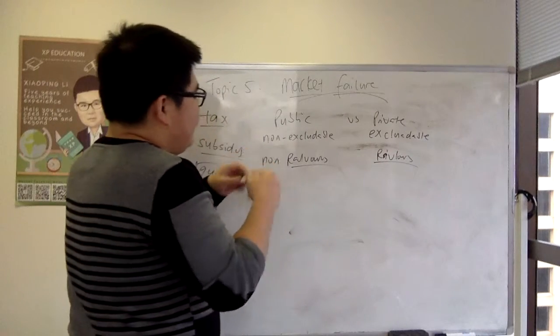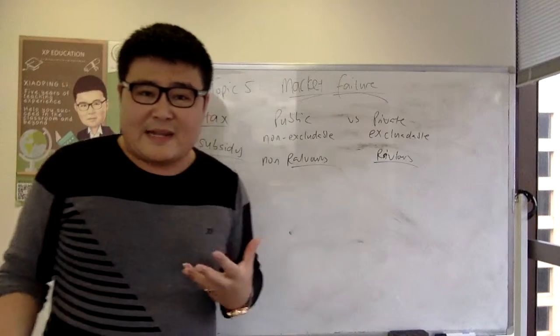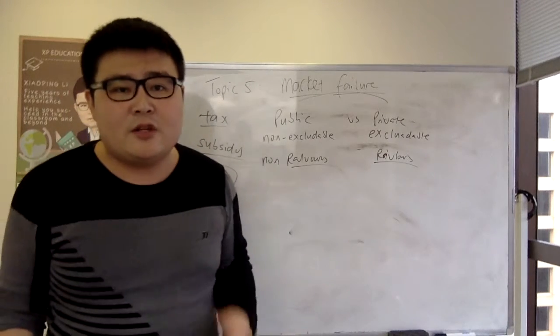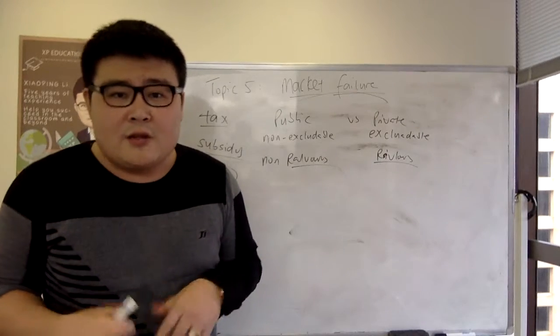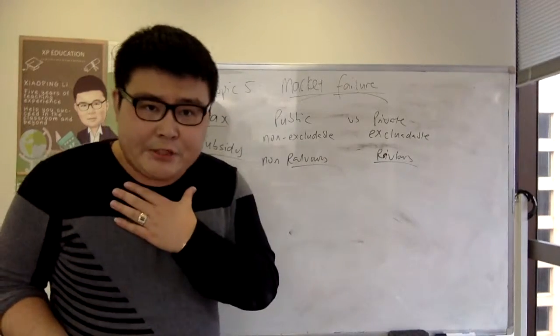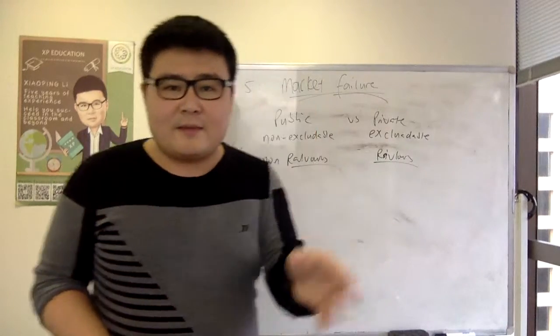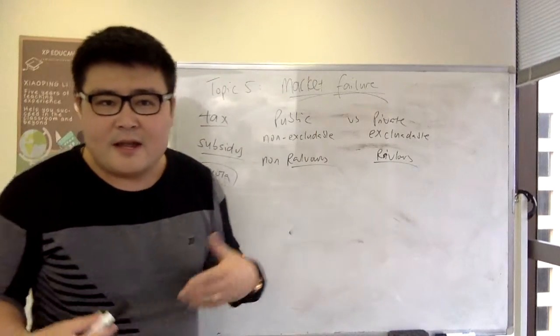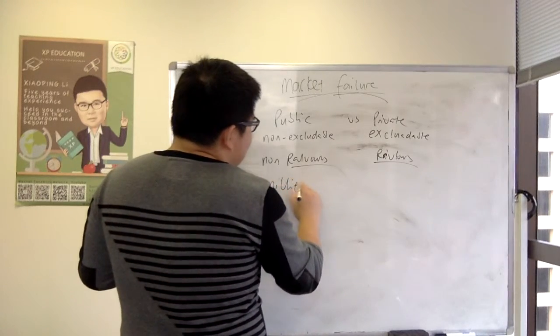Now, what does it mean by non-excludable and non-rivalrous? If the good is classified as a public good, you cannot exclude another person from using it. Non-rivalrous means that my usage will not diminish the benefits of another person's usage, okay? Now, a very classical example will be our country's military, yes?